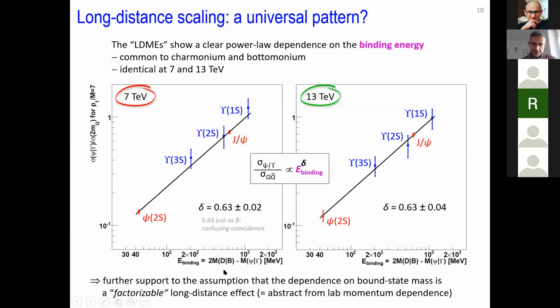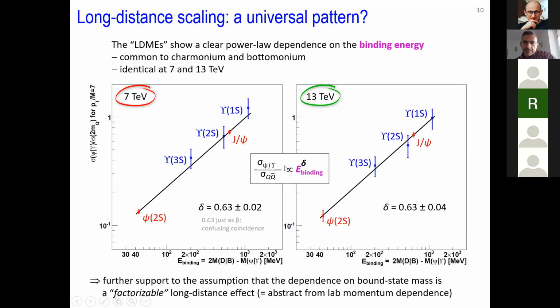There are several definitions, but this definition is the difference between the threshold energy necessary to produce two D mesons or two B mesons minus the mass of the quarkonium. And if we do this plot, we obtain almost exactly the same plot for the two energies, 7 TeV and 13 TeV, and above all, states are completely aligned along the same line.